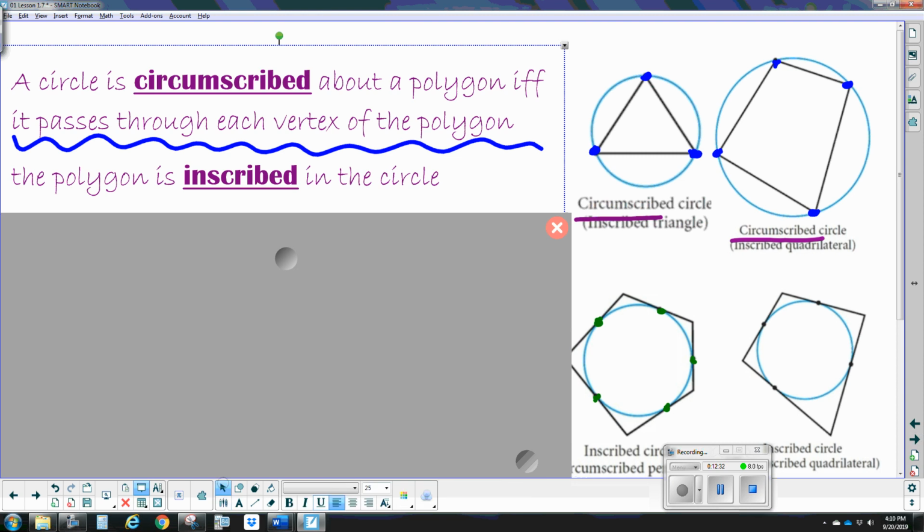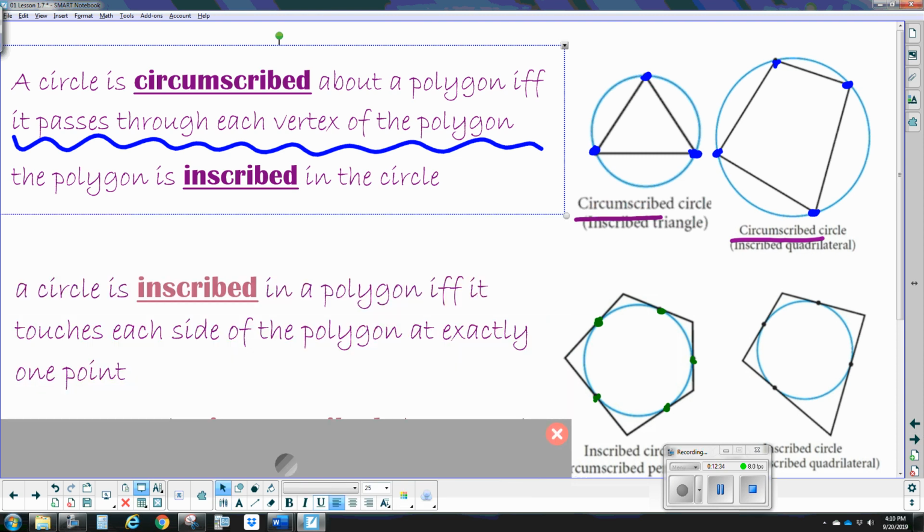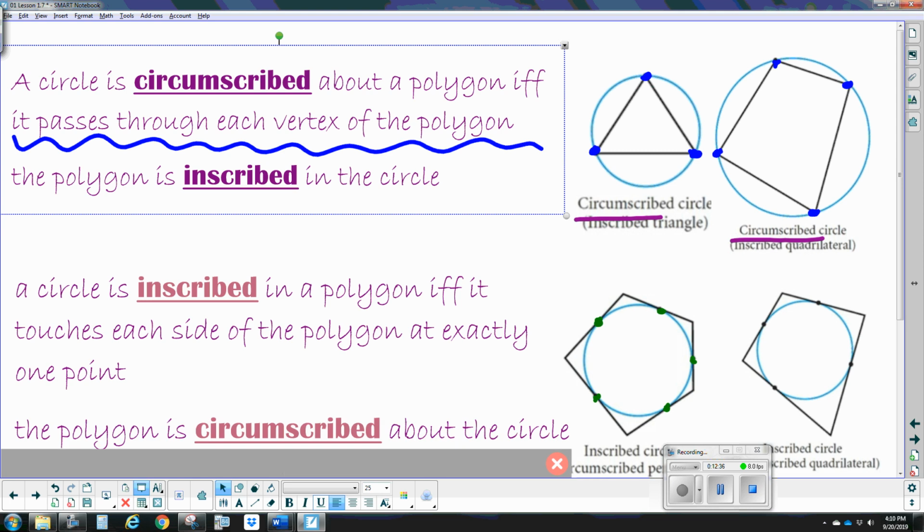So the circle is inside and it touches each side. Okay, so a circle is inscribed if and only if it touches each side of the polygon at exactly one point. Notice it's not going through. Okay, our circle is not going through the polygon. Something like this. Yes, it touches each side, but we have to specify that it touches each side exactly once.